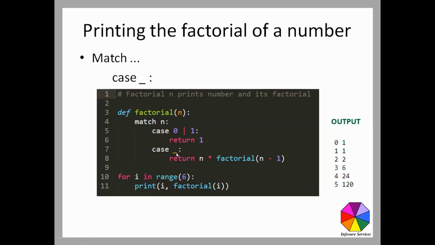Likewise, case of underscore means case of anything else. So in Python, underscore is typically the discarded value, but when it is used inside a case, underscore means case or anything else. So this is like the else. Return the recursive function call. So this is with the match case.